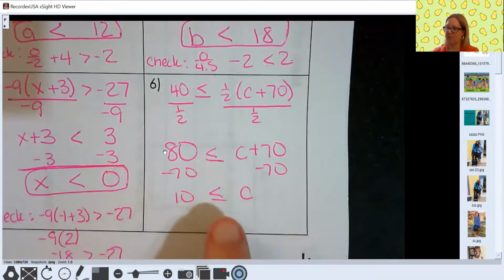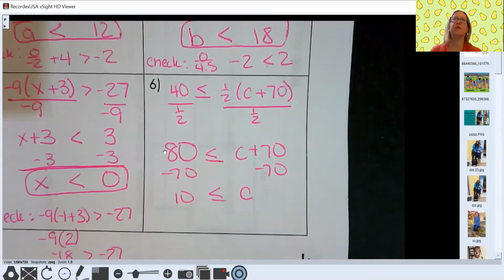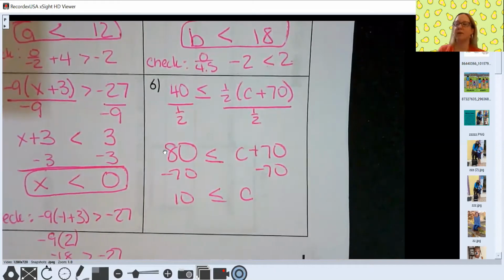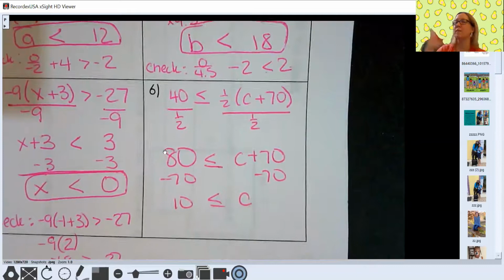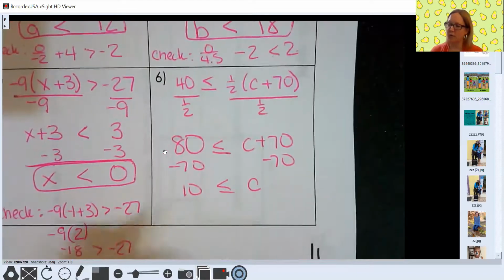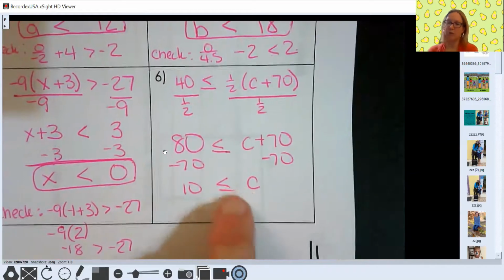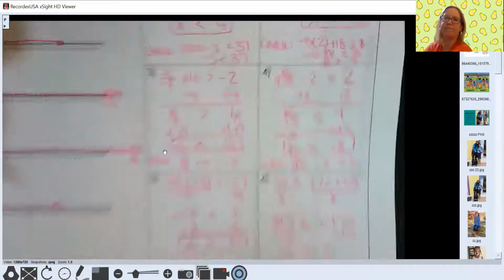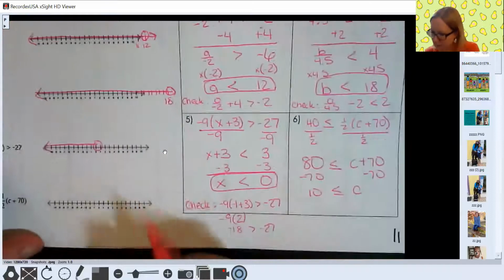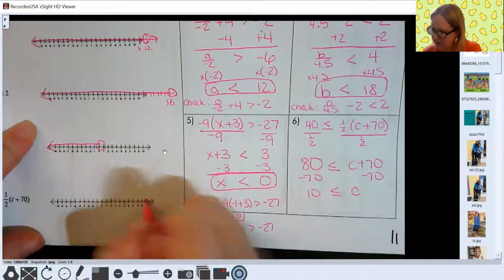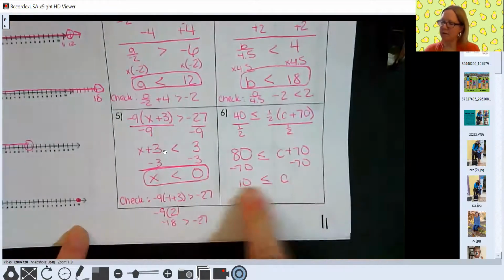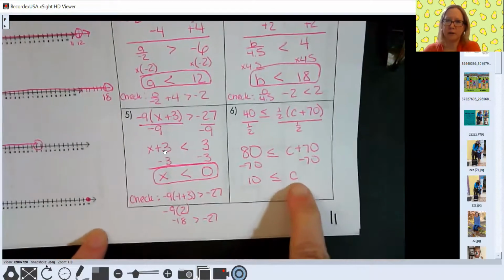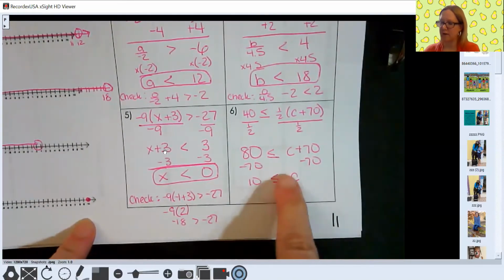Now be careful when you go to graph this. I don't know if you guys remember doing the 4 square activity we did with our inequalities, and when I started reversing them and putting the variables on the right, it threw some of you off. So when I graph this, since it's or equal to, we know that we're going to have a closed circle on 10. So for number 6, closed circle on 10. And think about which way you're going to shade on the graph.